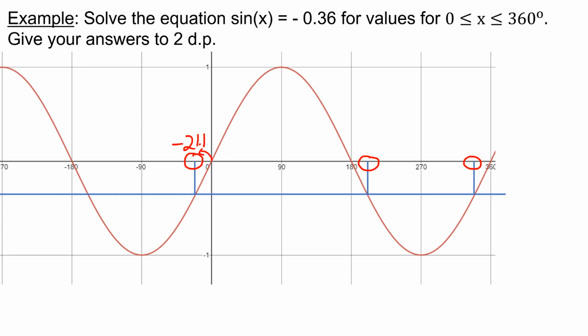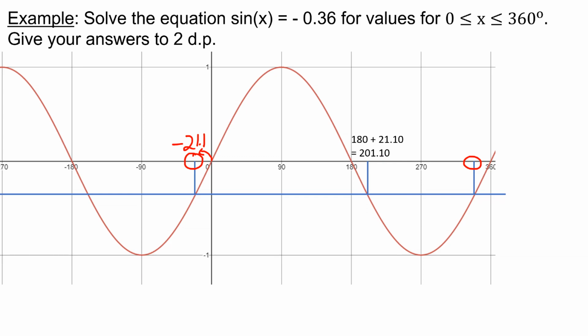Now, again, 180 is symmetrical with 0 because sine of 0 is 0 and sine of 180 is 0. So to find the solution here, I need to do 180 plus 21.10 to 2 decimal places, of course. And that will give me 201.10.